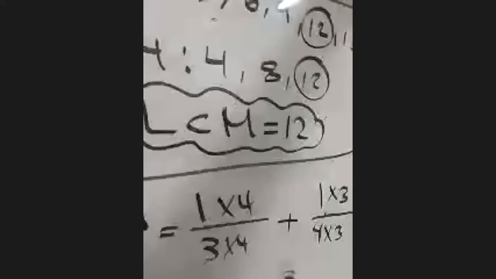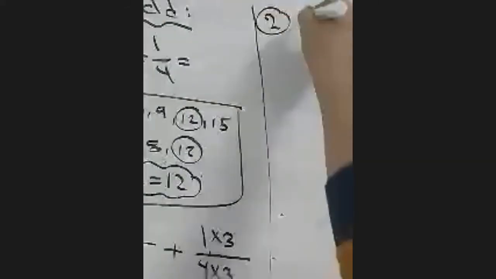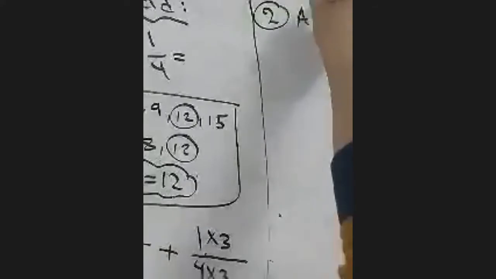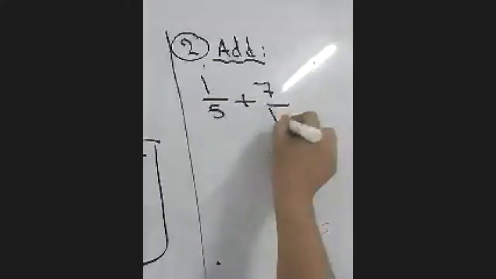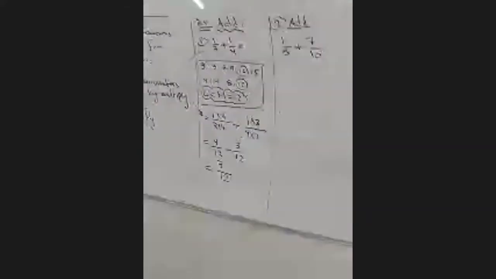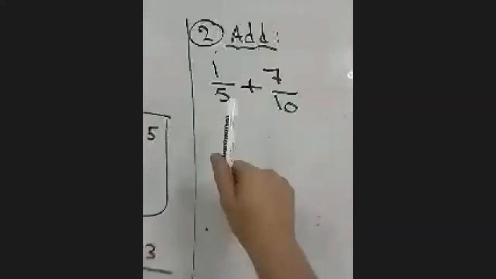Let's take another example. If you don't understand, guys, focus on the second example here. Example 2. Add the following two fractions: 1/5 plus 7/10. Now, to add or subtract fractions, you always look down.